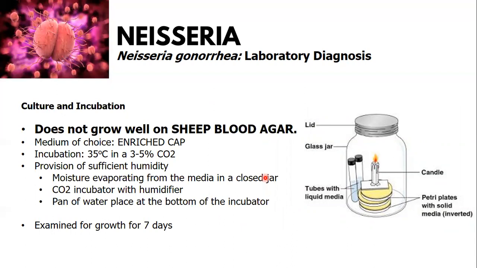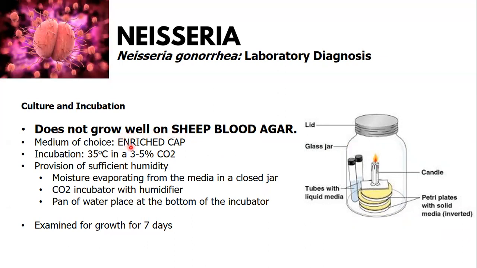In culturing specimens for the isolation of Neisseria gonorrhoeae, take note, as emphasized repeatedly earlier, that Neisseria gonorrhoeae does not grow well on sheep blood agar because it lacks the nutrient requirements for fastidious Neisseria gonorrhoeae to grow, and therefore the medium of choice would be the enriched chocolate agar plate.